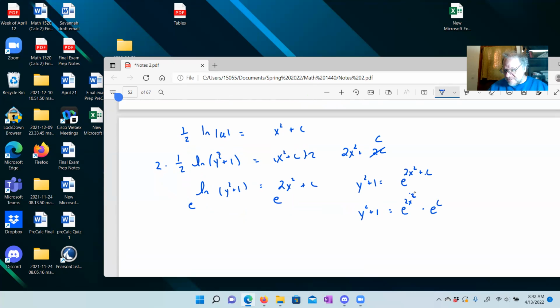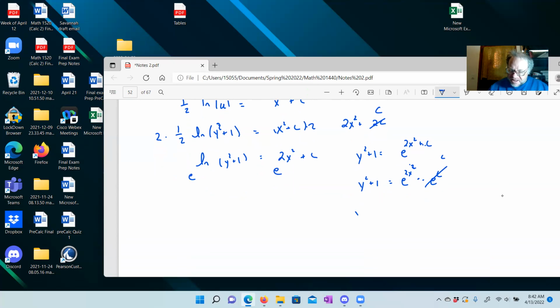That's what that plus means. It's a plus in the exponent, it's a times on the baseline. And e to a constant is a constant, so we're just going to replace that with c. So we have y squared plus 1 is equal to c e to the 2x squared.